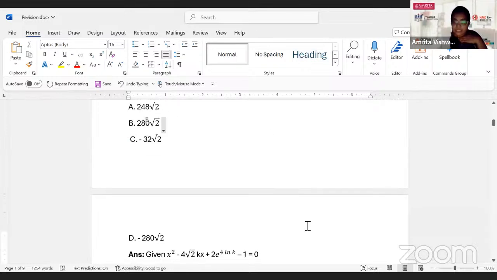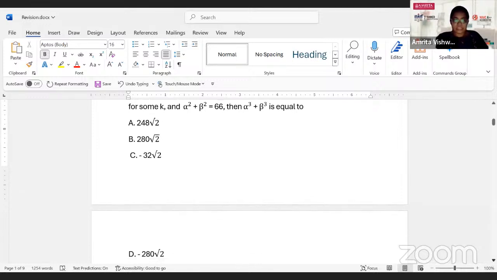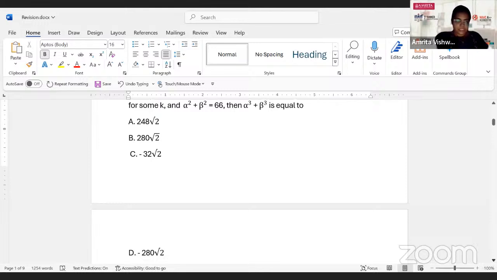Those who have not written this, I would request you to go through this. The options are 248 root 2, 280 root 2, minus 280 root 2, minus 32 root 2. These are the options, and I hope you have written the question also here.